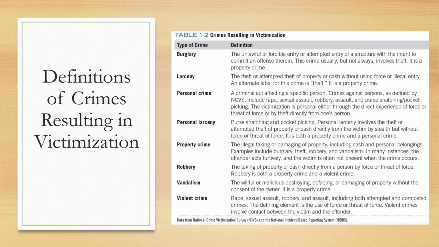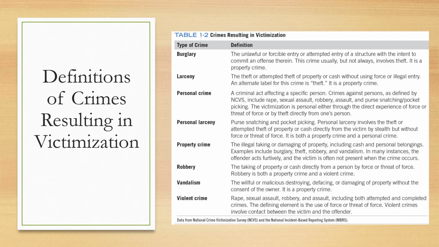So let's consider some popular types of crimes that typically result in some form of victimization, right? Now, this is obviously not an exhaustive list, but these are some of the more popular types of behaviors that are illegal in the United States and also have a victim.